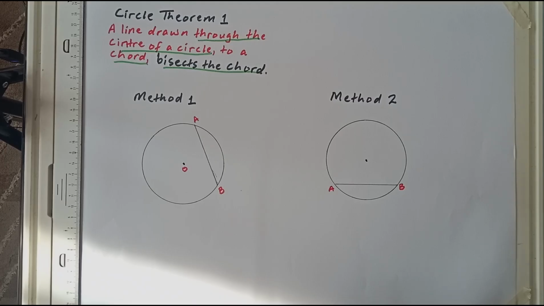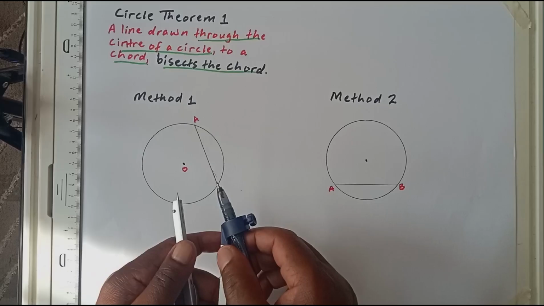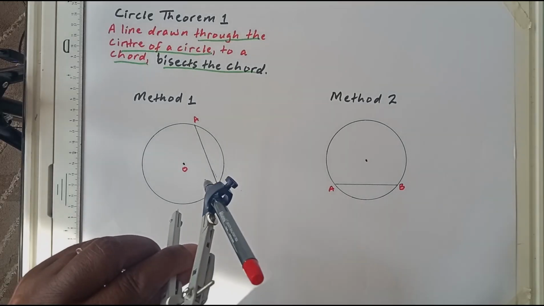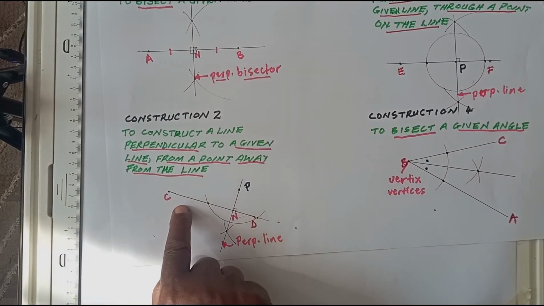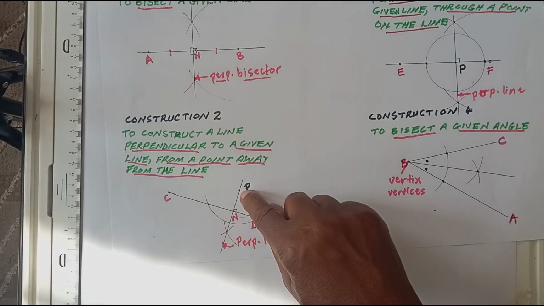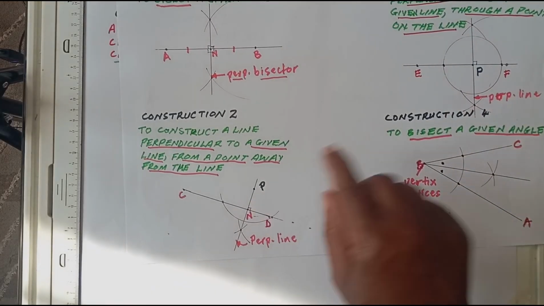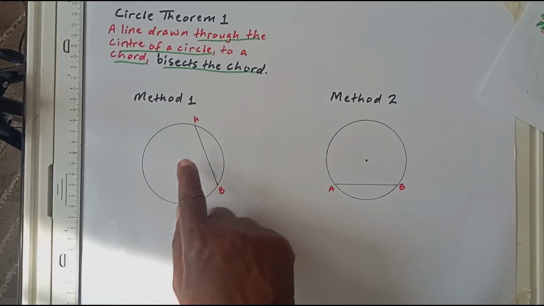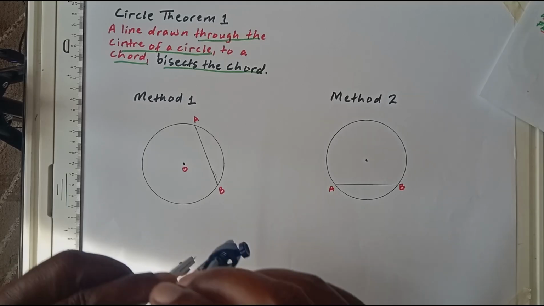Method 1, we can use compasses. Open our compasses to any convenient radius, and we are actually going to apply construction number 2 to draw a perpendicular line to a given line from a point outside the line. So instead of point P, we have point O. This is a point which is outside the line AB, which is the chord to the circle.